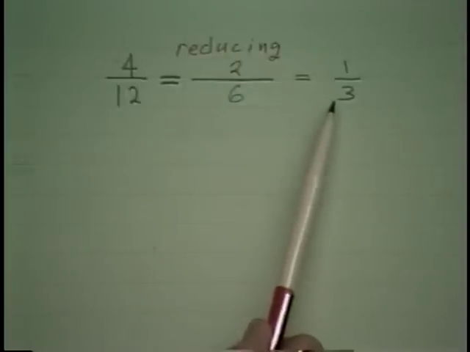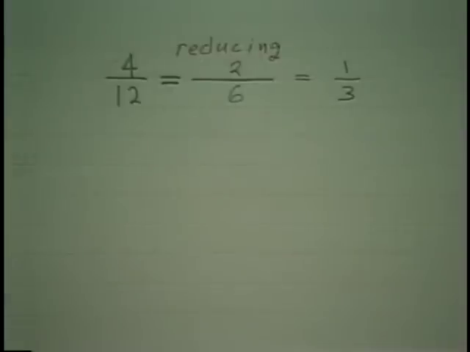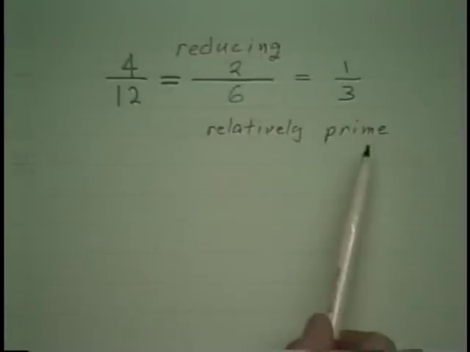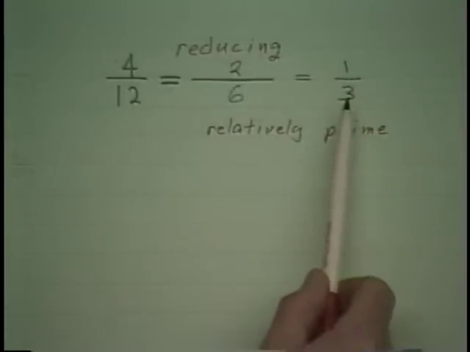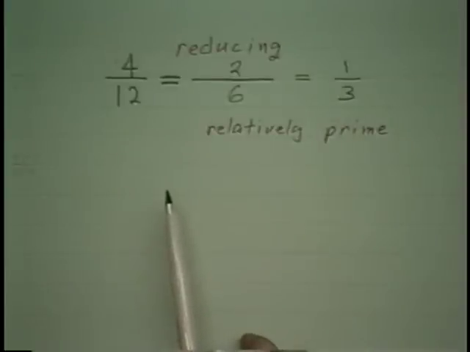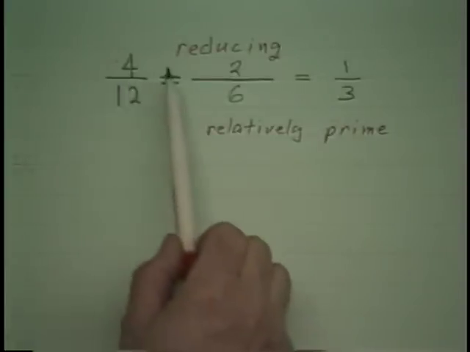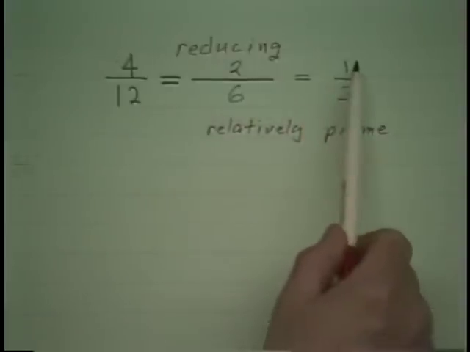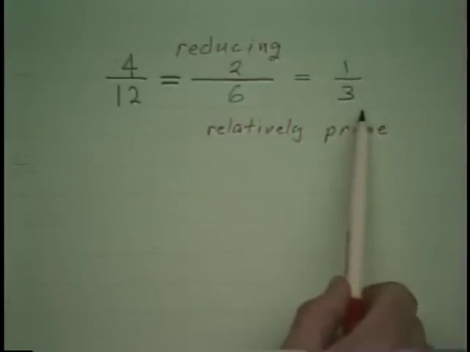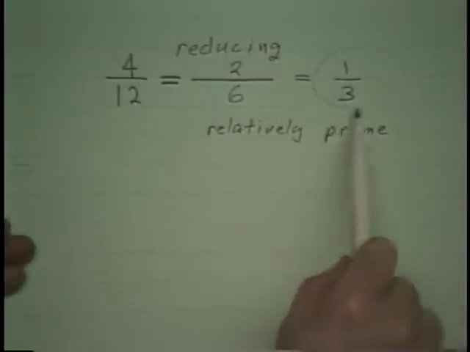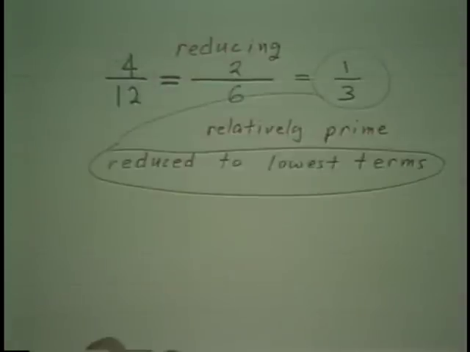We call that, by the way, in more advanced math, being relatively prime: two numbers that are no longer divisible by the same other number. If we have divided top and bottom by the same amount until they are relatively prime, we say that this form has been reduced to lowest terms.